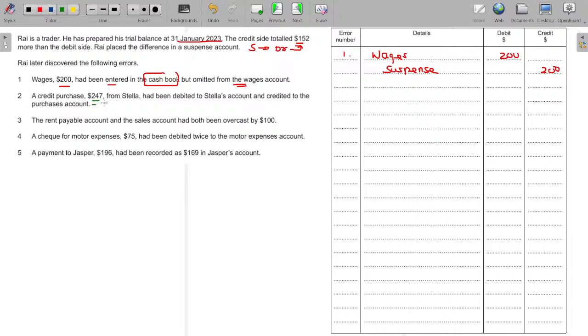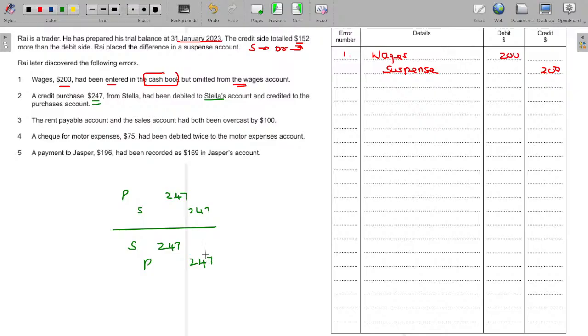Second one: credit purchase 247 from Stella had been debited to Stella's account and credited to the purchase account. The correct entry being purchases and Stella, 247 debit and 247 credit. But it was debited to Stella account and credited to the purchase account. So Stella debited and purchases credited.